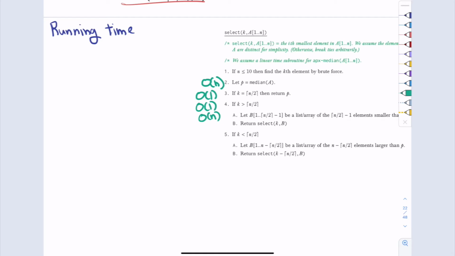And then I do a recursive call to n over 2 elements. And then the same thing down here, linear time, recursive call. And you only do one of the 2 calls, even though 2 are listed, of course, but there's an if-else statement. Okay, so we end up with something like this.